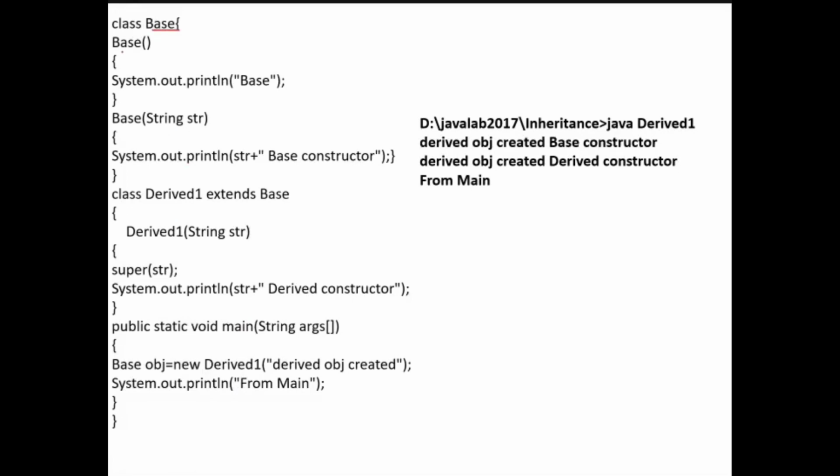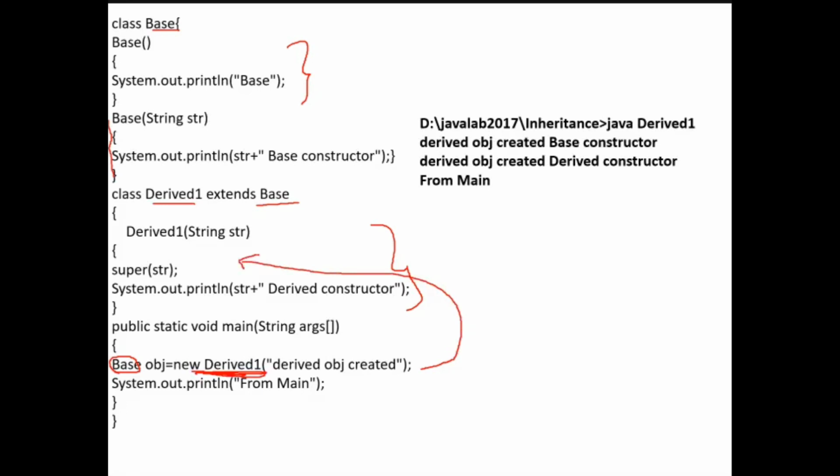Within that I have one no argument constructor and one parameterized constructor, and this derived one is derived from that base class and has only one parameterized constructor. Within the main function, I have created an object for derived one. When I create the object, control will come to the corresponding parameterized constructor.